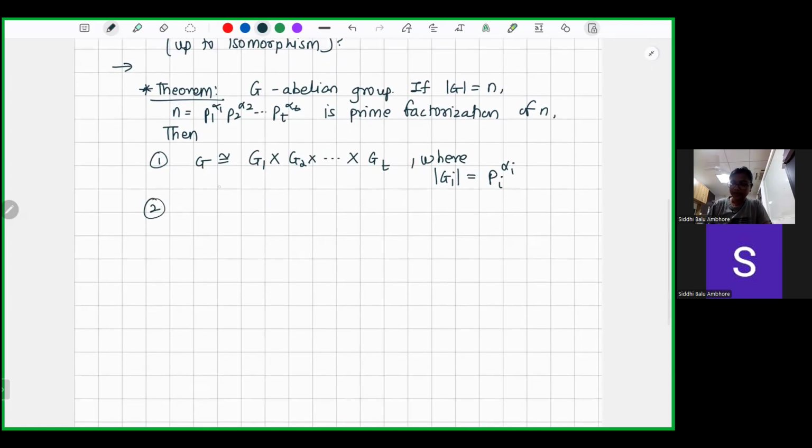And the second thing we know is that this Gi is isomorphic to a product of cyclic groups of prime power order.